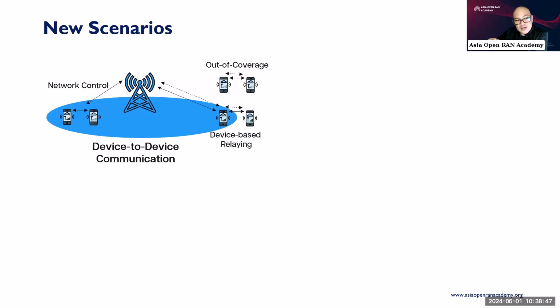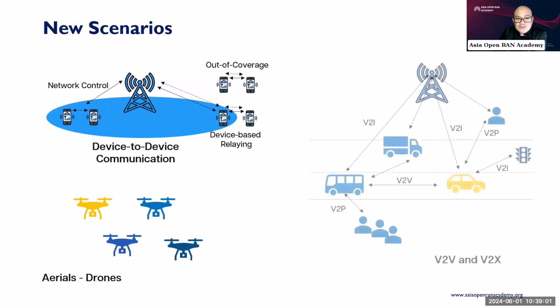Now, if the connection is device to device, you call it the side link. Okay? The side link. So ito yung ibang mga new scenarios. Aerial drones. Okay? And of course, the V2V and V2X. Ito yung mga different scenarios na yan.